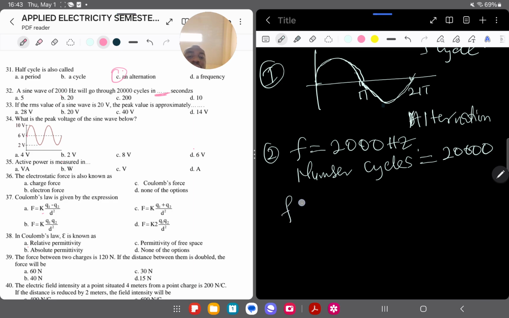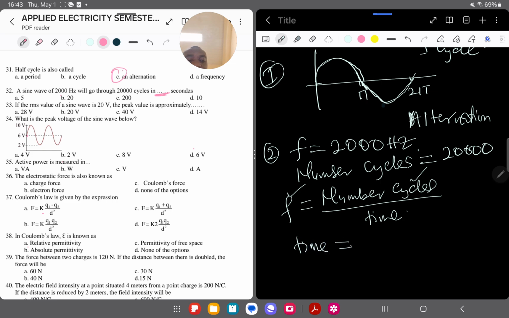We know that frequency is equal to the number of cycles over time. Since we are given frequency and the number of cycles, we make time the subject.